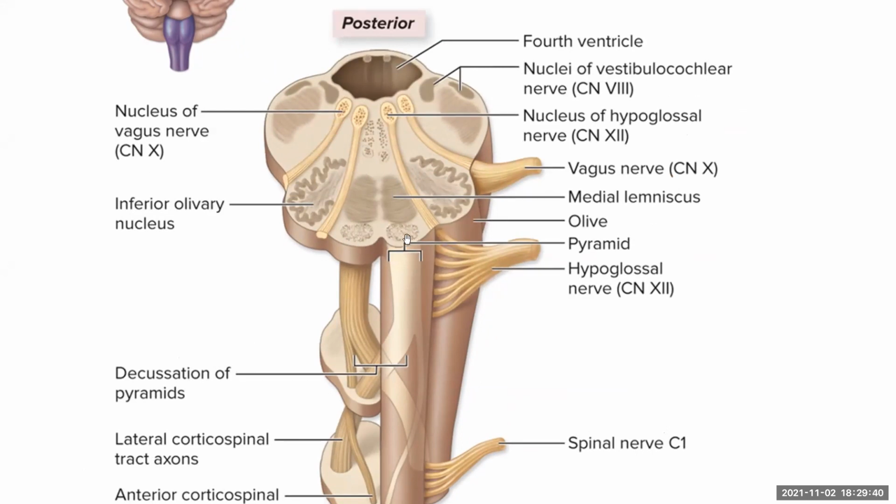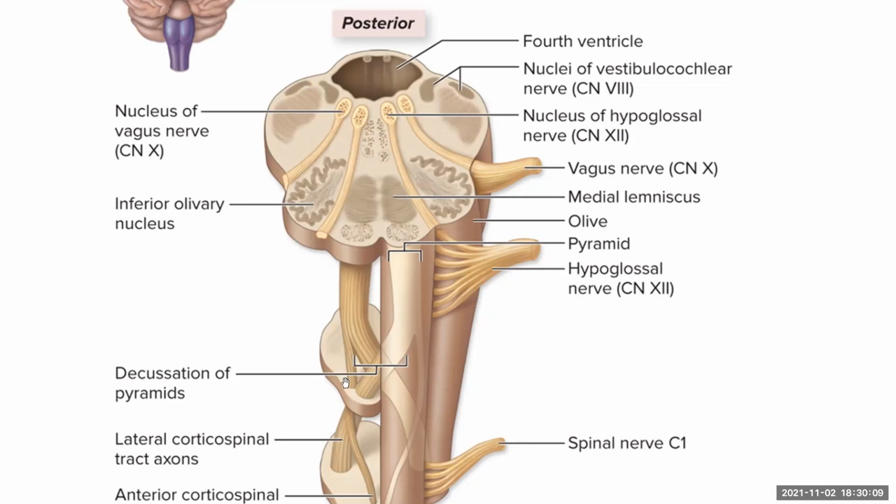And this is where we're going to see the descending voluntary motor control fibers coming from the primary motor cortex. This is all going to be for the skeletal muscle. So they'll descend down through the pyramid. And what we're going to see is that a majority of these fibers will decussate, will cross over. Some will stay what we call ipsilateral, on the same side.